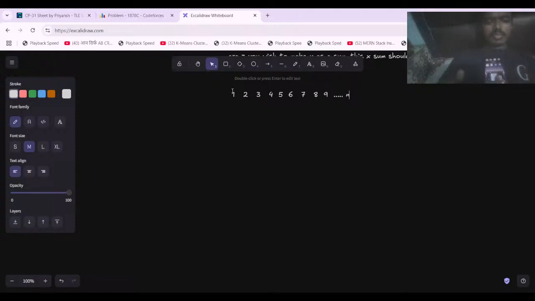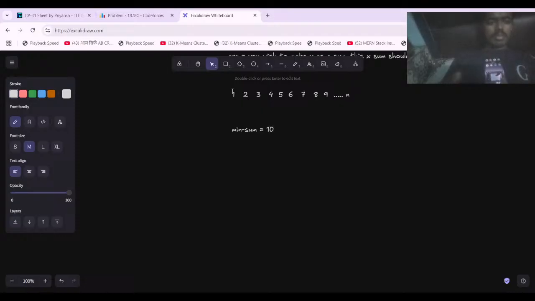The minimum sum you can create, of course, is the first four values' summation, 1 plus 2 plus 3 plus 4. So min sum is equal to 10.